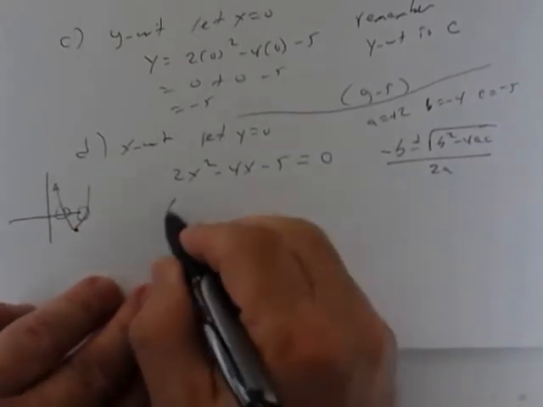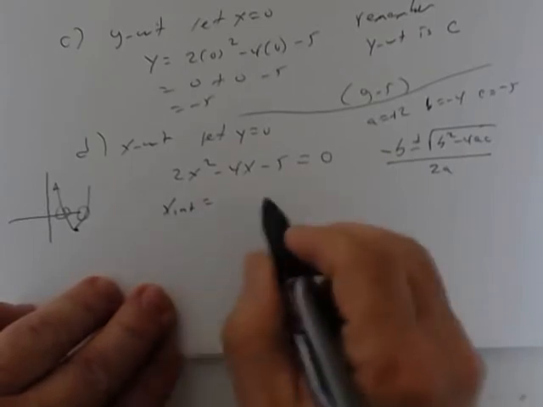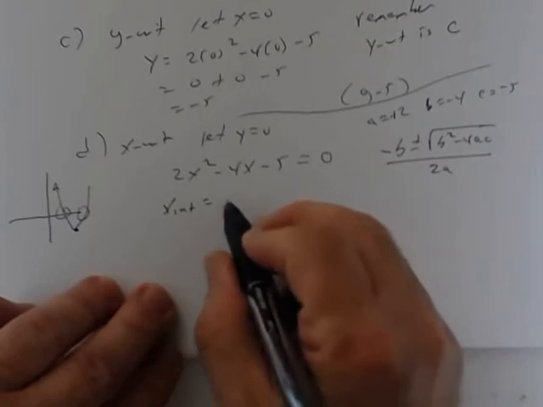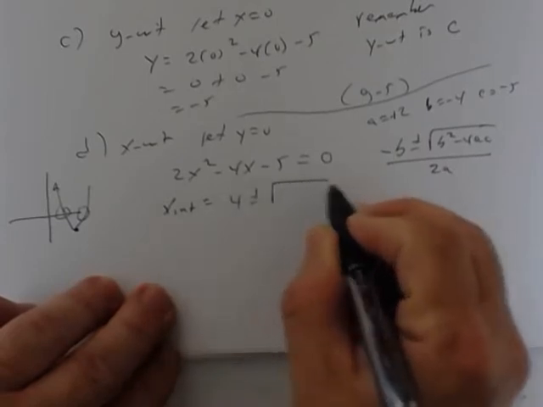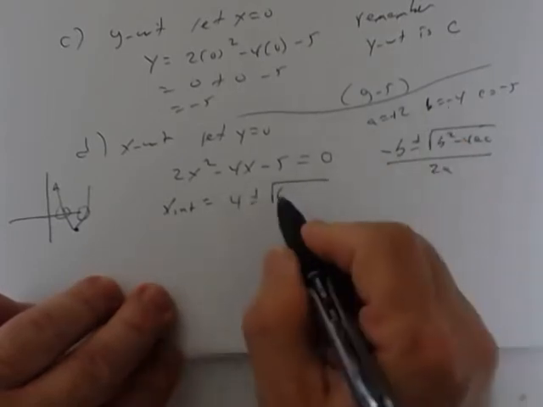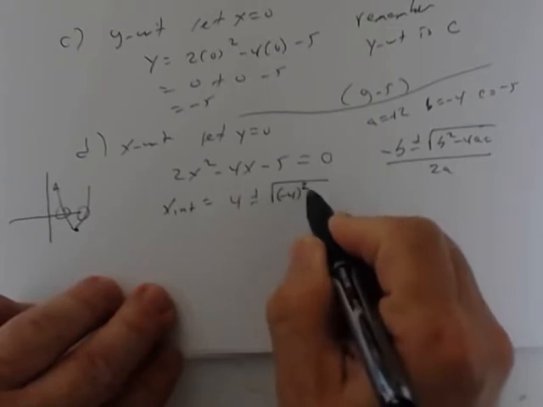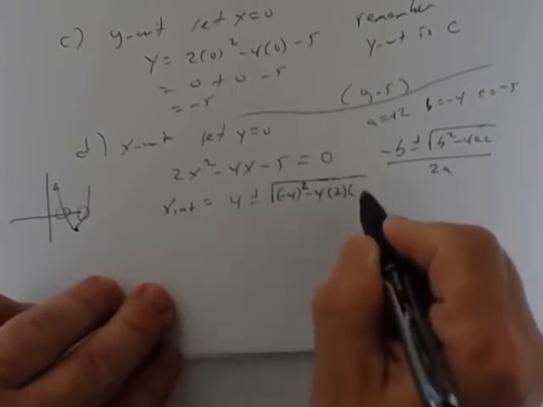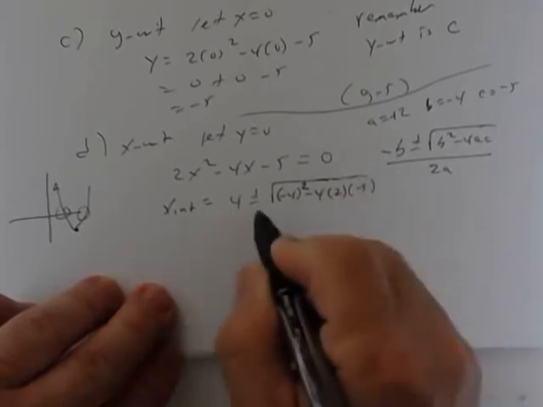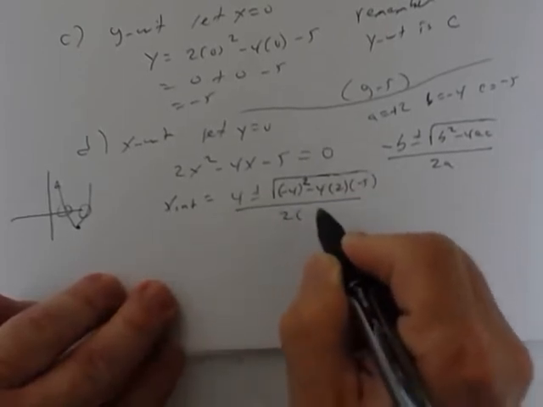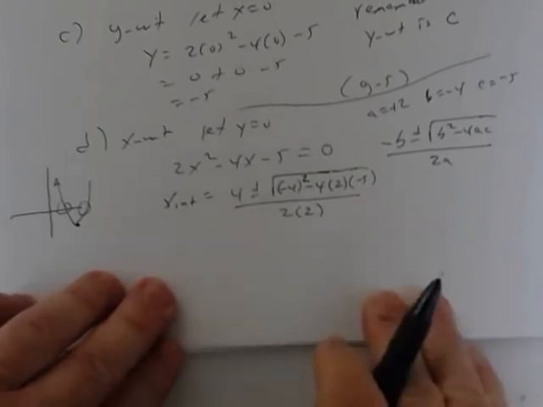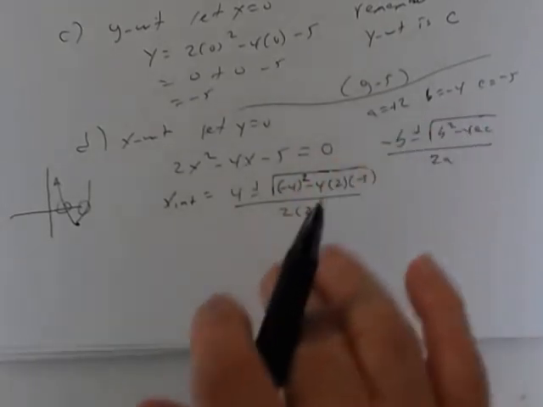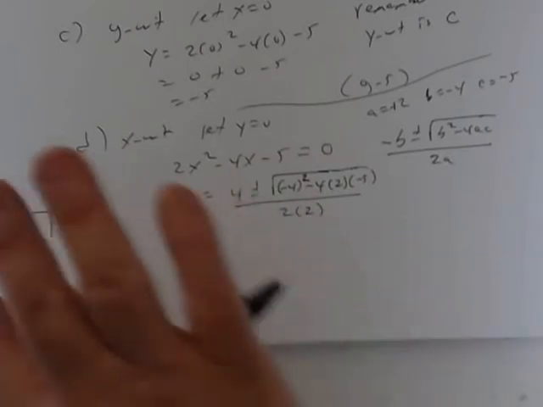So the x-intercepts are going to equal the opposite of b. What's b in this case? What's the opposite? 4 plus or minus the square root of b, which is negative 4, squared, minus 4 times a, what's a? Times c. All over 2 times a. What's a? 2. Remember the first test, you had to solve a quadratic equation, so you had to go through this process. Again, you can use it now.